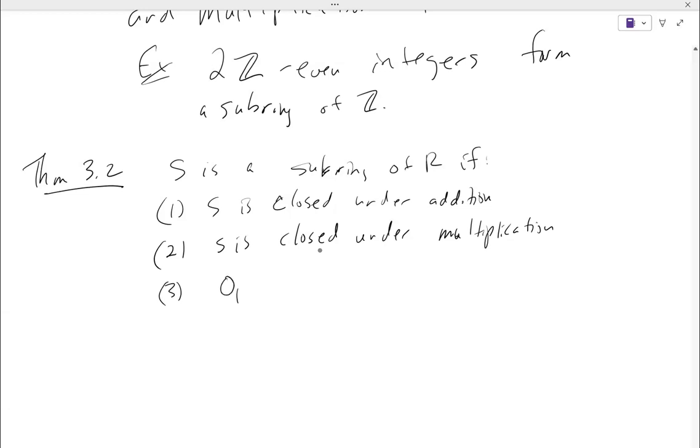Three, the additive identity of R is in S, and four, negative a is in S whenever a is in S.